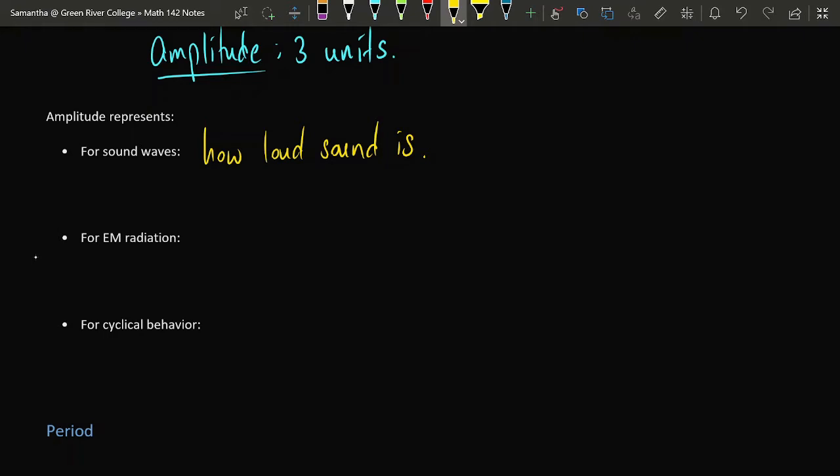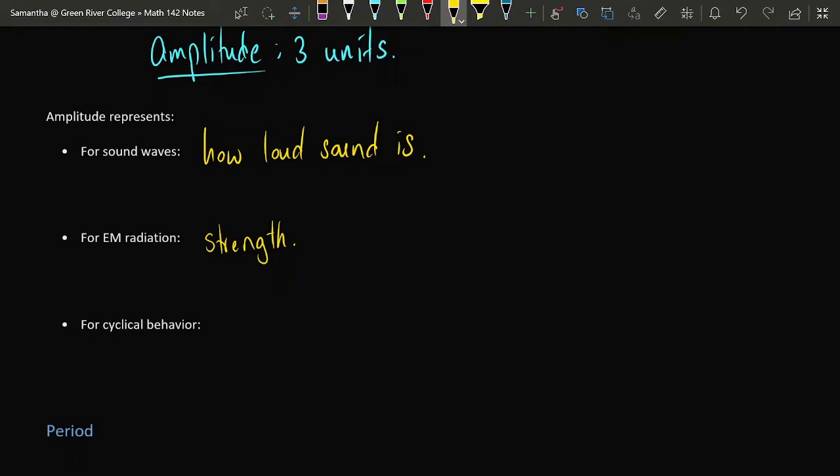For electromagnetic radiation, the amplitude represents the strength of the radiation. For a simple example, consider visible light, which is a form of electromagnetic radiation. If you have a visible light with a larger amplitude, that light will appear brighter. If you have a visible light with a lower amplitude, that light will appear more dim.